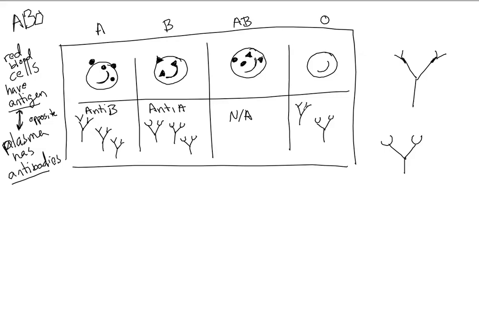When donating blood, I want you to consider the red blood cell of the donor and the plasma of the recipient. Now, I don't think you have blood type cross-matching in your learning objectives. You do have blood type typing in your learning objectives.